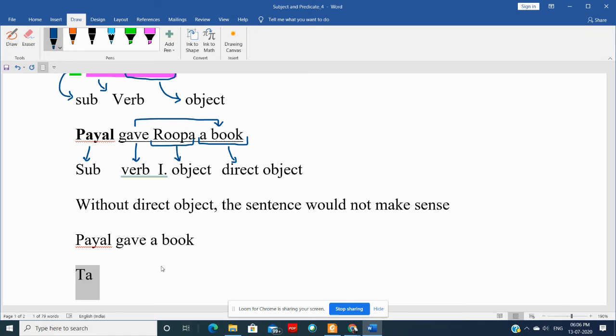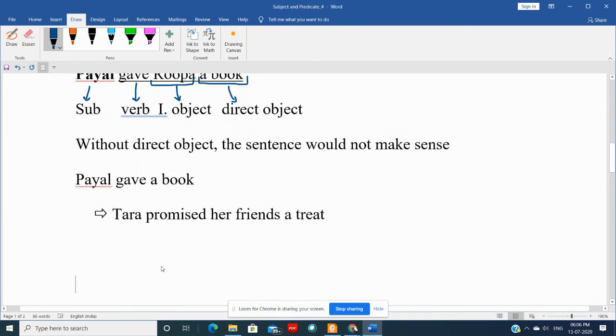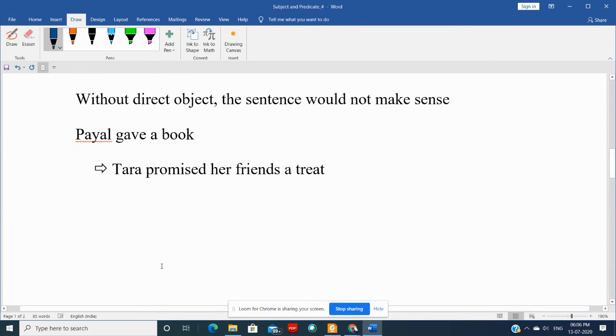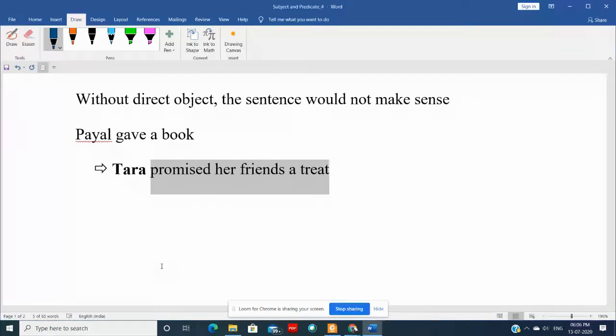Okay, Tara promised her friends a treat. Tara promised her friends a treat. So again, Tara, subject, rest of the sentence, predicate.